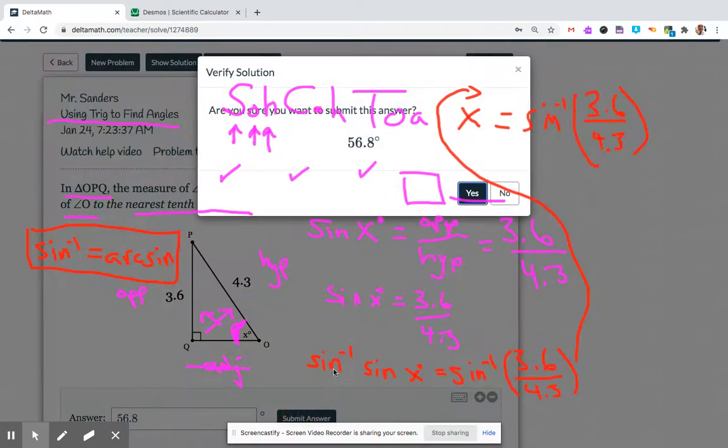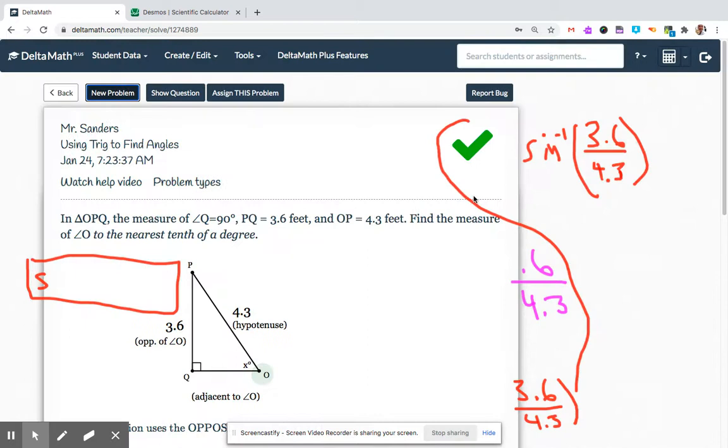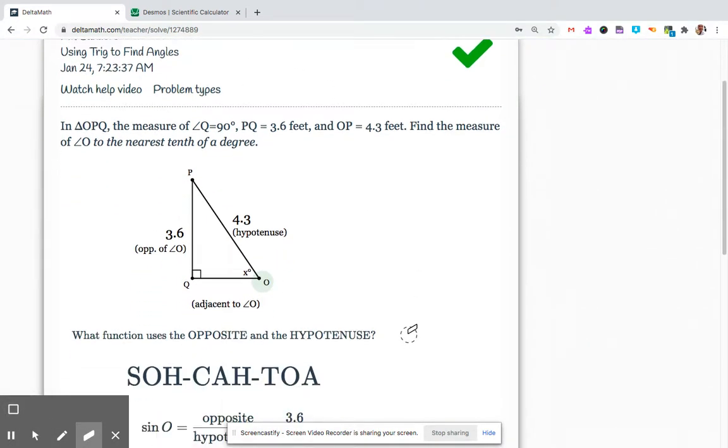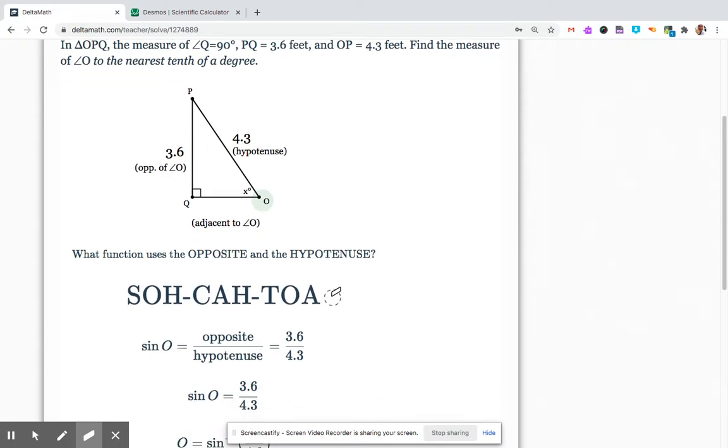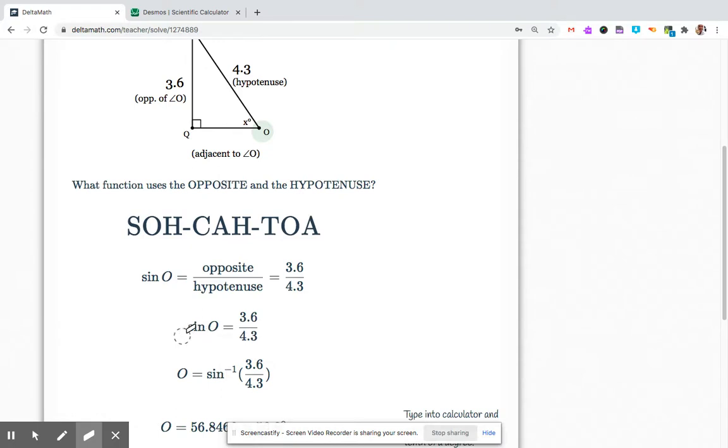Let's go ahead and compare our answer with theirs. Check. They have SOHCAHTOA also. They've labeled their triangle and highlighted it just like I do. Then they write in the pieces, 3.6 divided by 4.3. There's the sine of the angle that we're looking at.